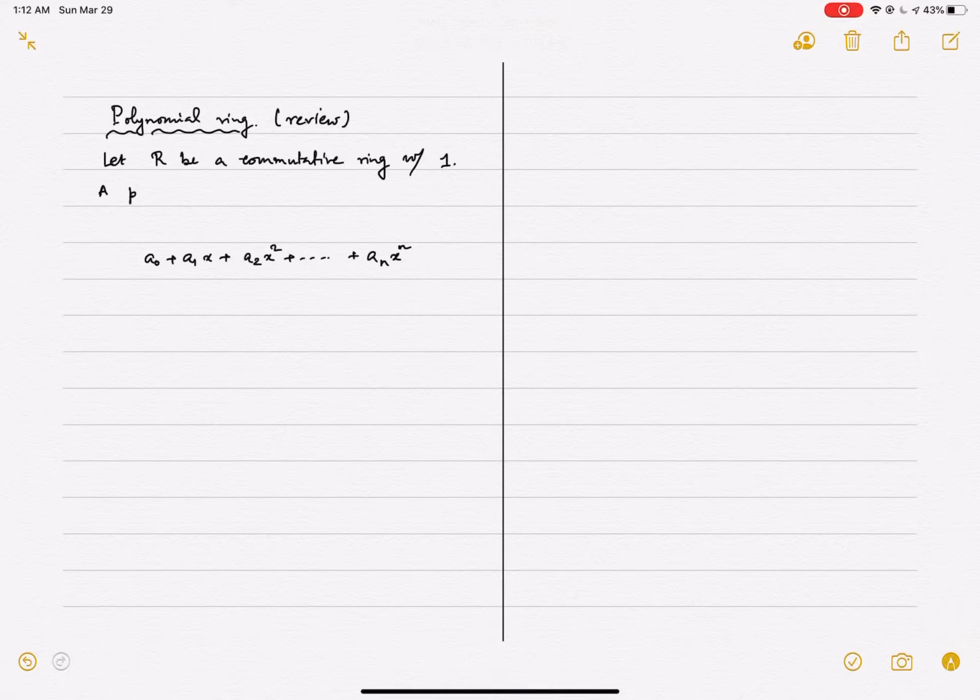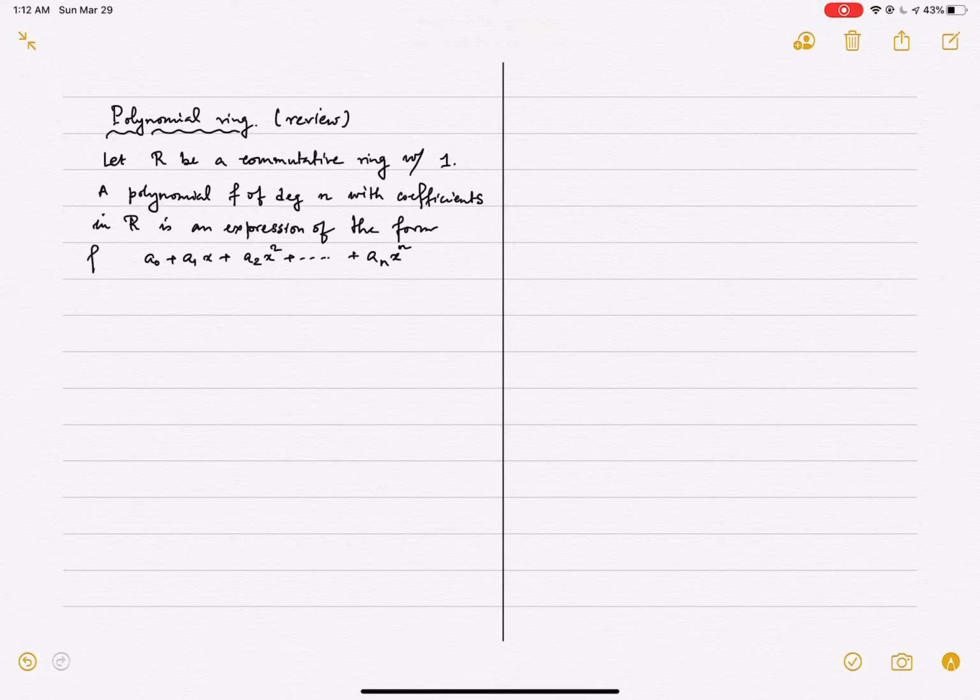So a polynomial f of degree n with coefficients in R is an expression of the form f equal to this.